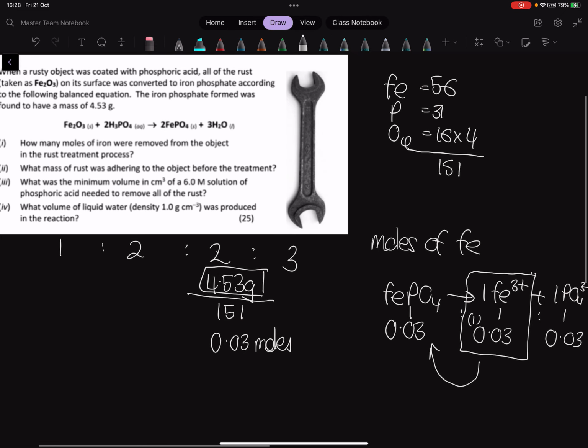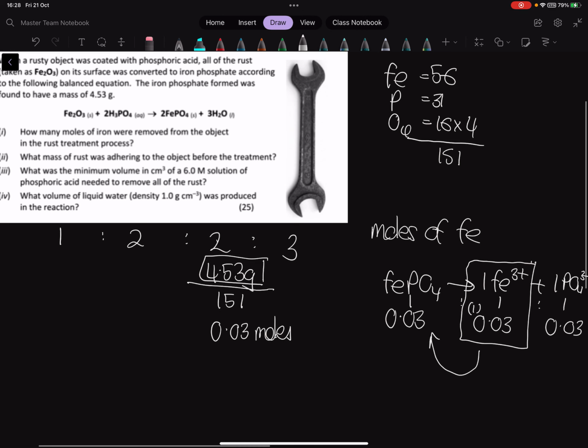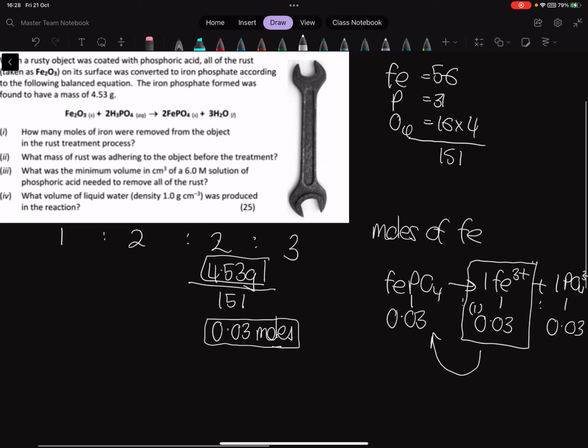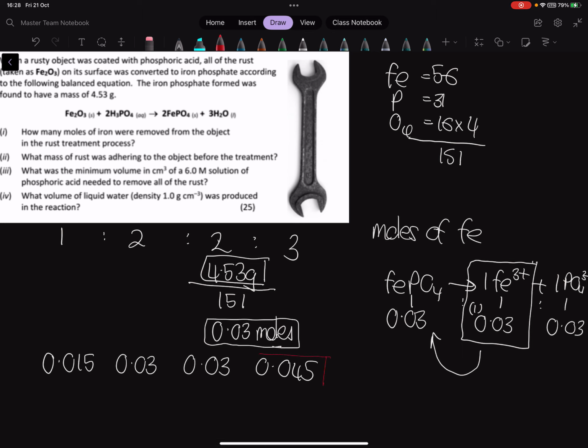But if you couldn't do that particular part, you're only losing part 1, because technically from this 0.03 moles that we got as our answer for the moles of iron phosphate, we can rewrite our moles ratio. So this would be 0.015, 0.03, 0.03, and 0.045. So this is our moles rewritten to take the ratio into account.